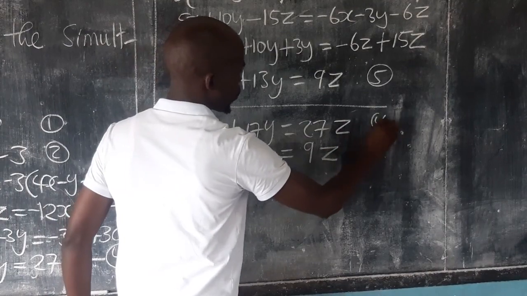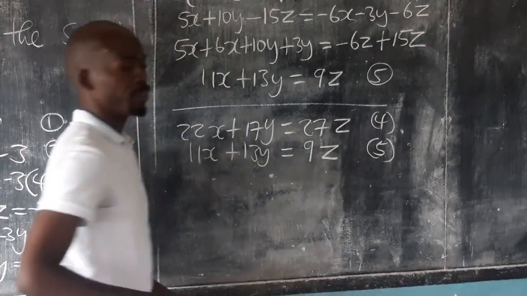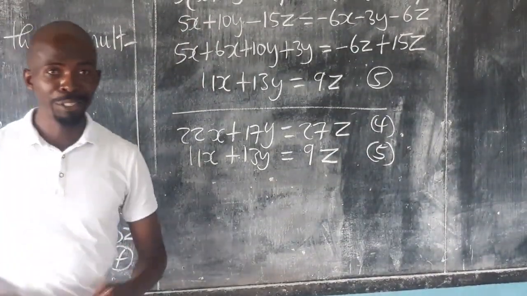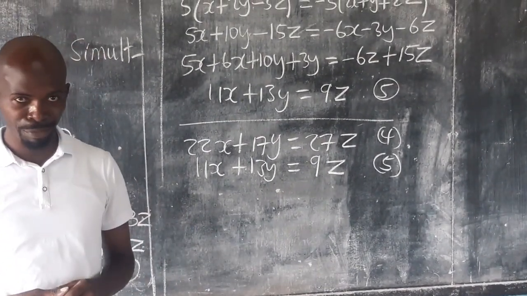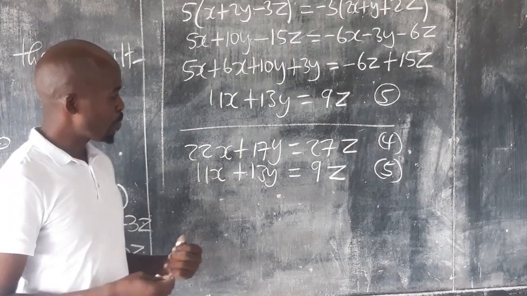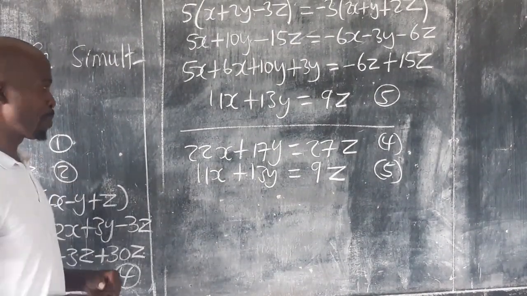This is my fourth equation, fifth equation. This is quite interesting, solving two equations in three variables. Check what exactly happens here.